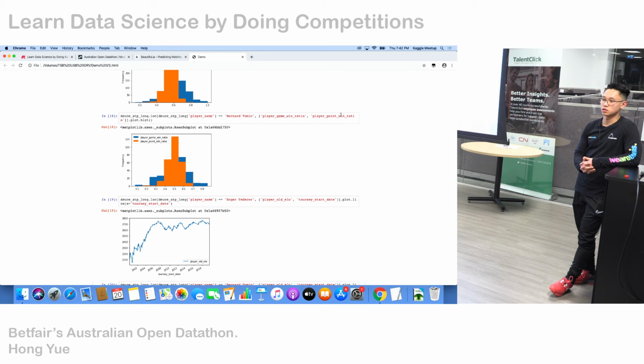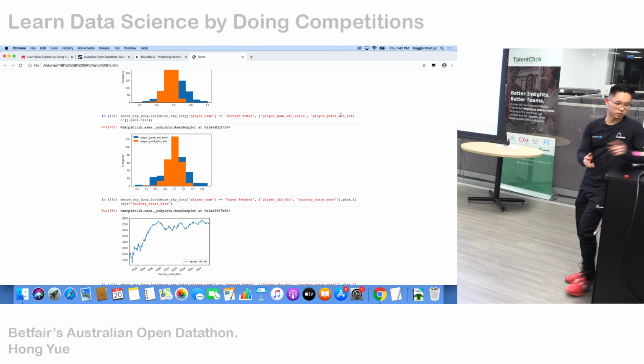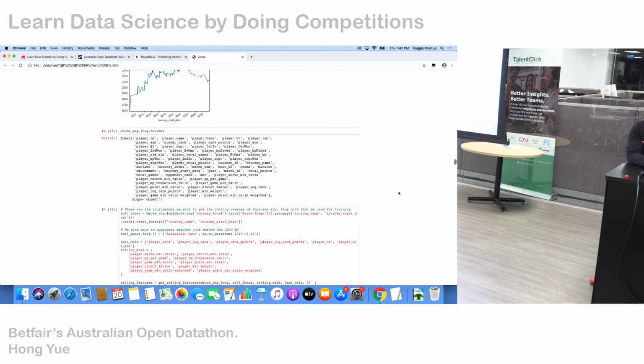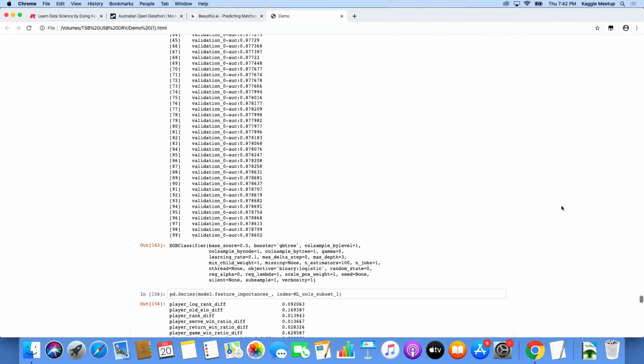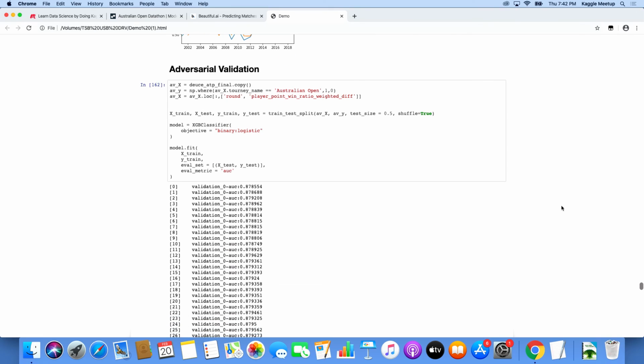What's the procedure to figure out the adversarial validation? Yeah, so that's what I'm going to go through right now. I'm basically taking the data set, and then I'm adding a target. This is a separate target, the indicator function, which is just 1 if the match is from the Australian Open, 0 if it's from the US Open.